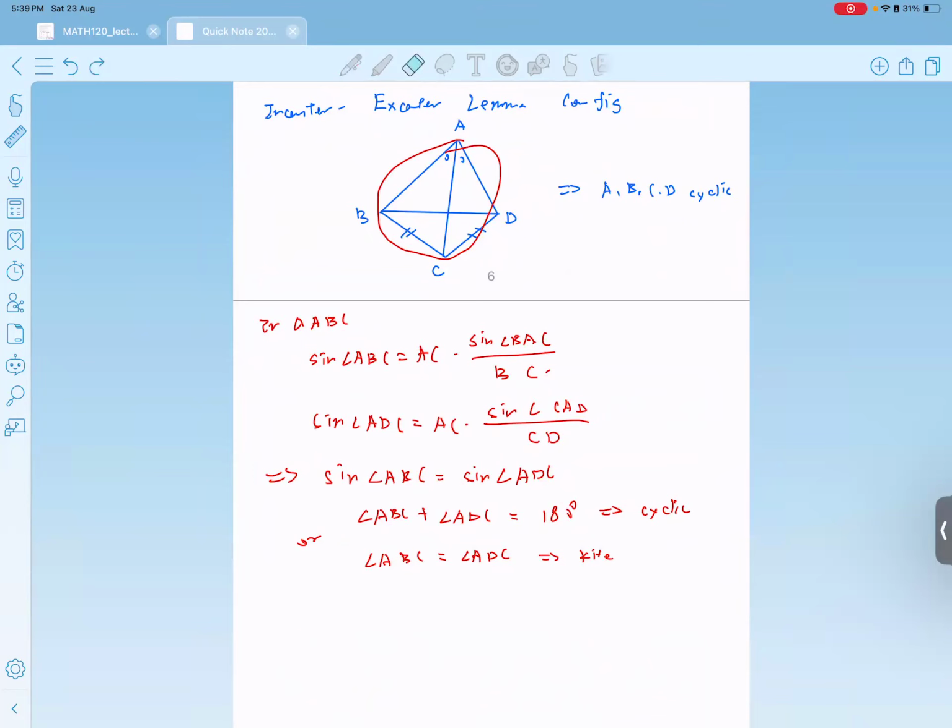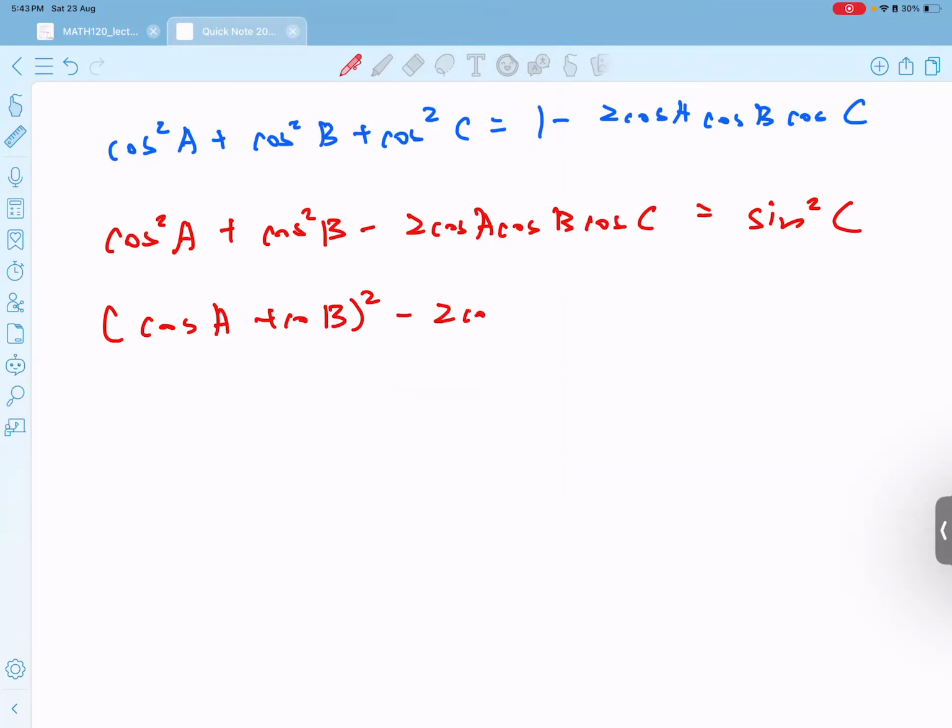So cosine squared A plus cosine squared B minus 2 cosine A cosine B cosine C, that's sine squared C. I think that looks about right. And then you have cosine A plus cosine B squared minus cosine B cosine C plus 1.